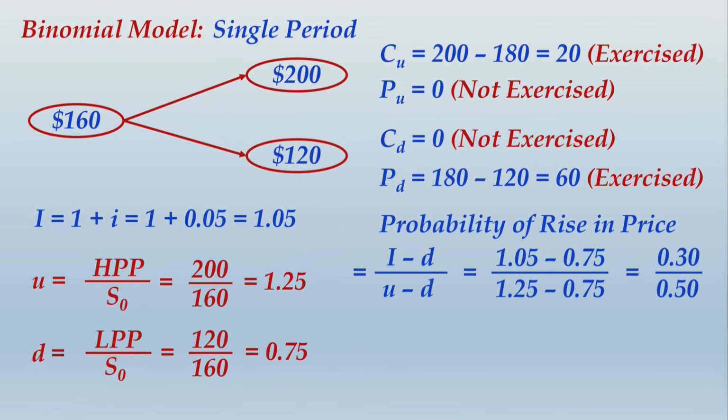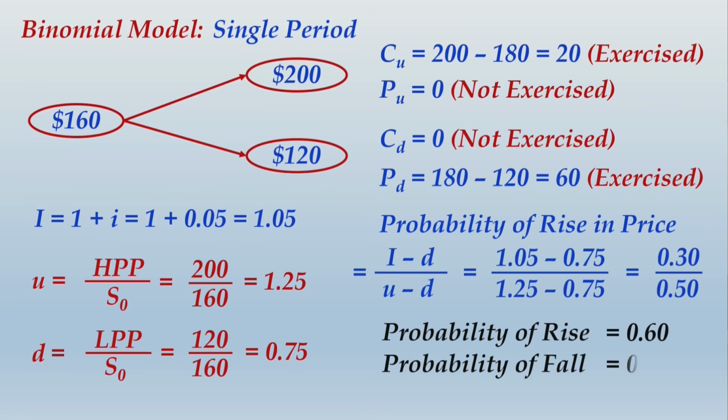So the probability of rise is 0.60. The probability of fall will be 1 minus the probability of rise, because there are only two possible outcomes. So we are taking 0.6 as the probability of rise and 0.4 as the probability of fall. You can take a screenshot over here and then I take you ahead.